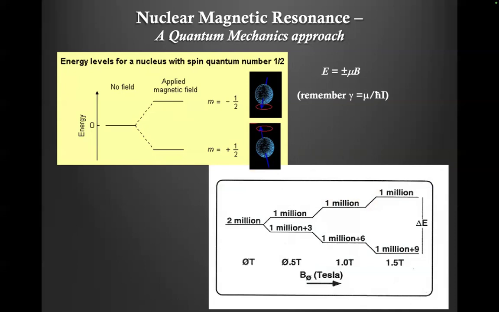Just imagine you have 2 million protons at 0 Tesla. They are all going to be randomly oriented, with no external field.